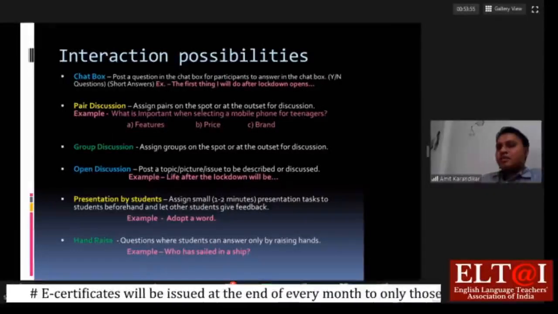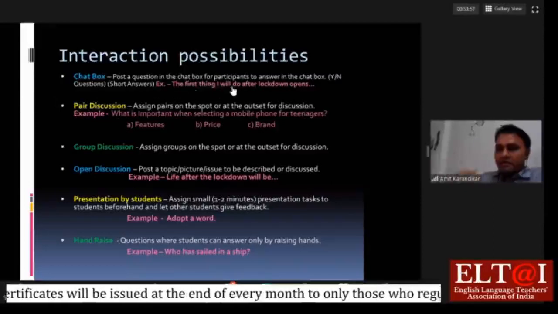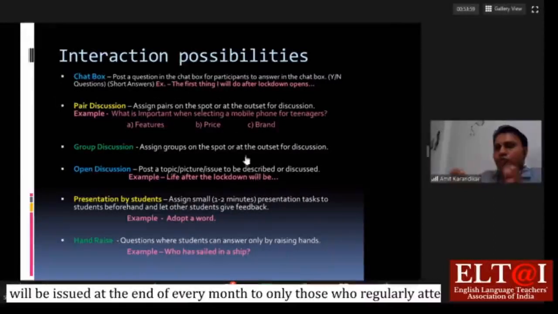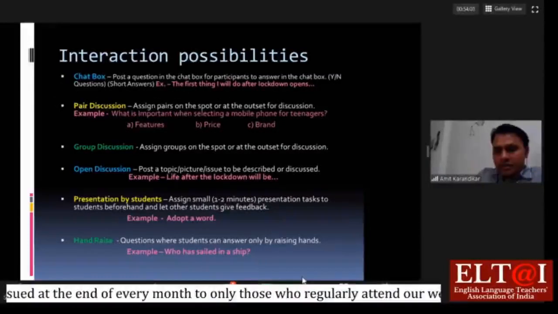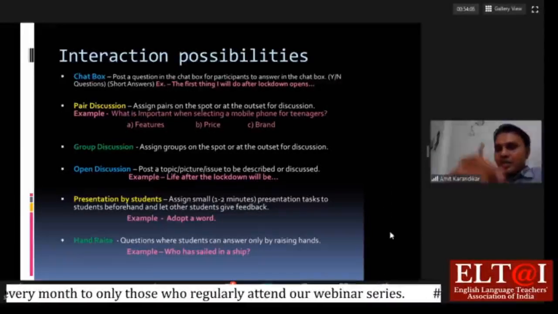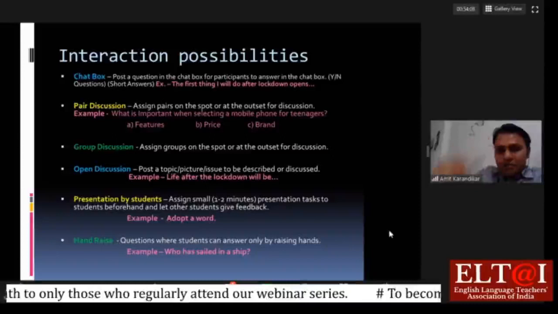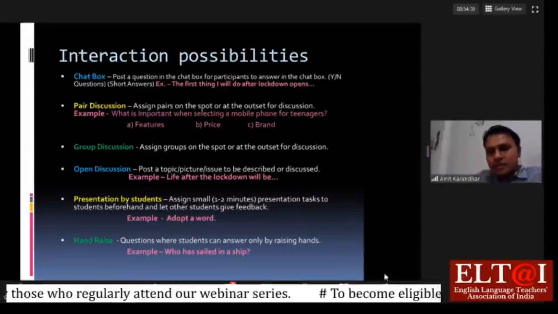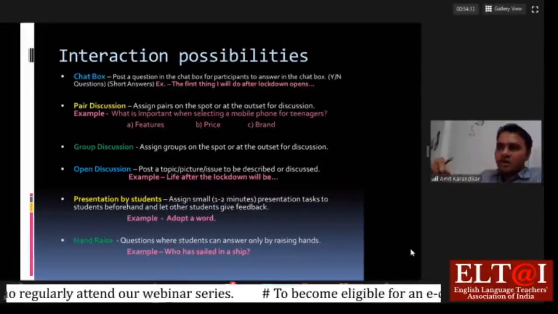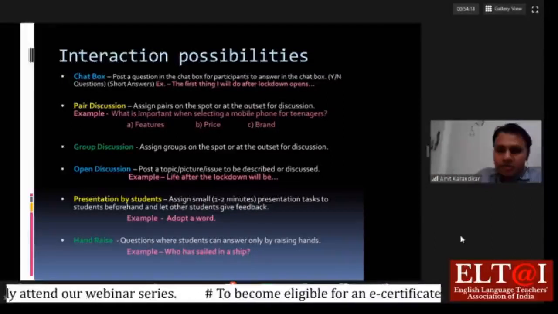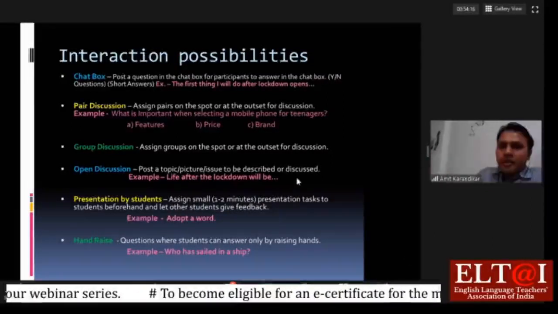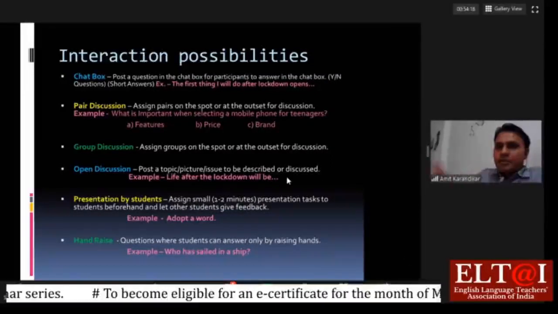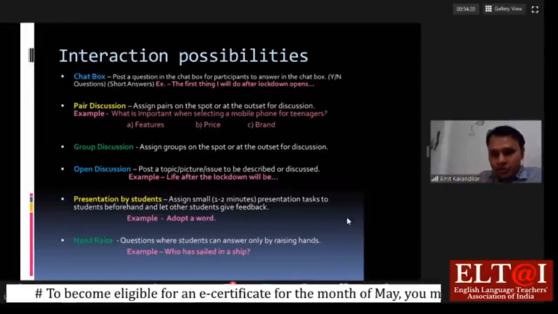But what is even better is if the students can give feedback to each other. So if I give a presentation assignment to, let us say, Abhishek, after Abhishek has presented, I have also assigned a judge, a person who will give feedback, let's say Virender, and Virender is going to give feedback for about 30 seconds. So there's a constant interaction between students also.